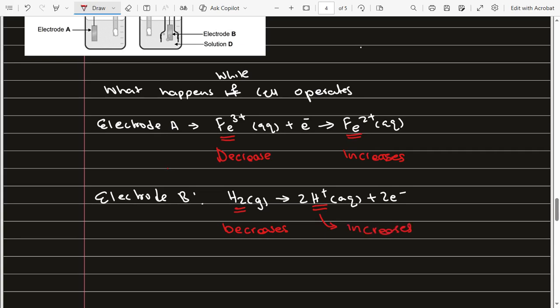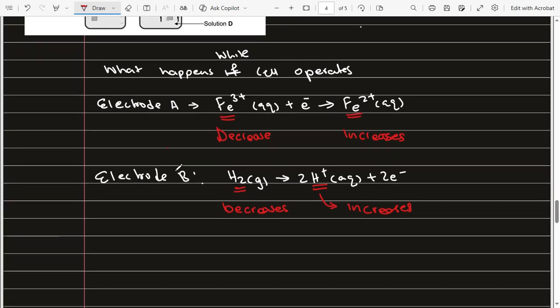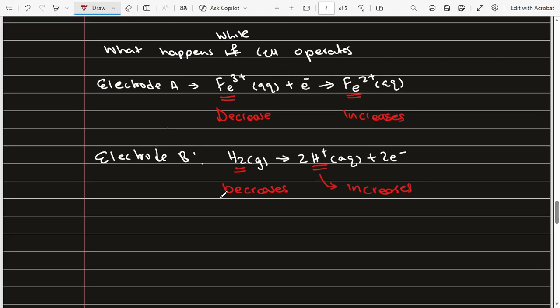Okay, so what can we say? What happens eventually is that as the reactants are used up and the products increase, the reaction slows down. So eventually the system reaches equilibrium. We are saying that the reactants are used up, and the products increase.